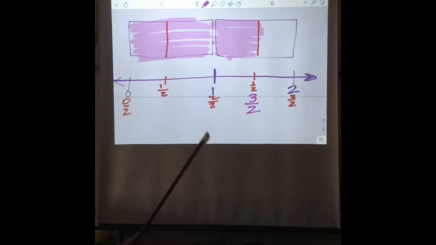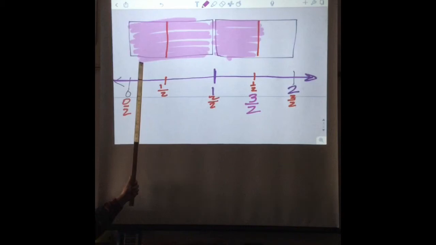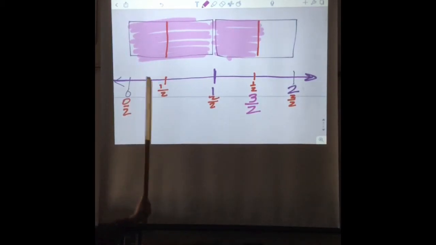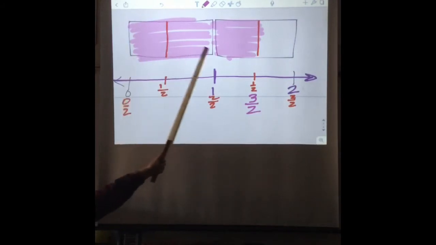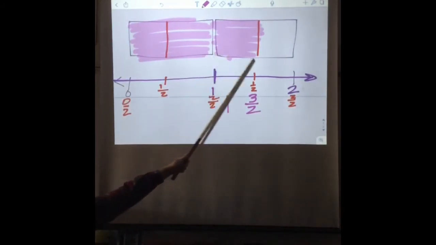You're correct. If you notice, 3 halves equal what in a mixed number? A mixed number means we have a big number. So this is 1 whole. So I'm going to put a 1. And then I have a half.